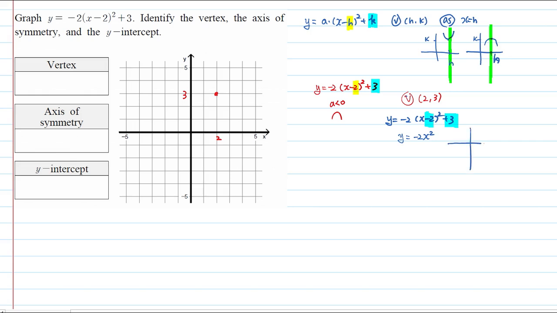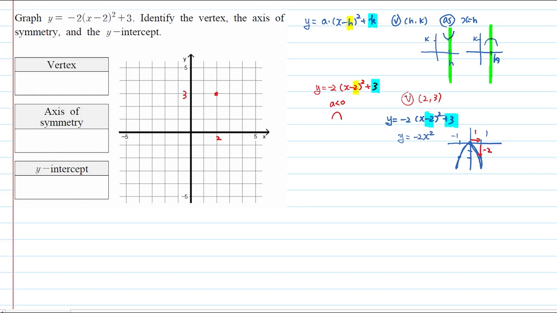Now remember, with a parent function like this, that's 0. When x is equal to 1, then your y value is -2. And when x is equal to -1, it is also -2. So this will be the parent function. Now you go to the right by 1, you go down by 2.